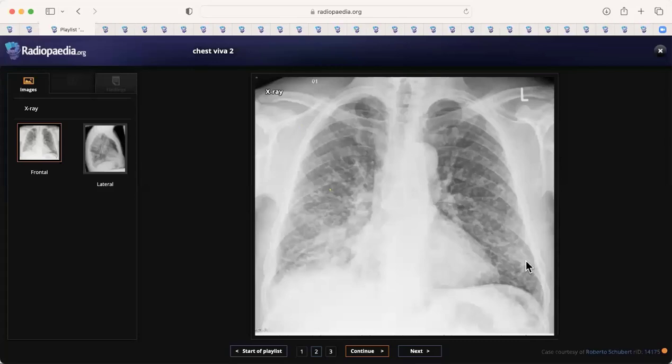Management-wise, what would you do? I will discuss with the referring physician and request further imaging, CT chest post-contrast.